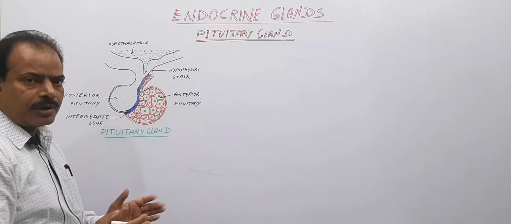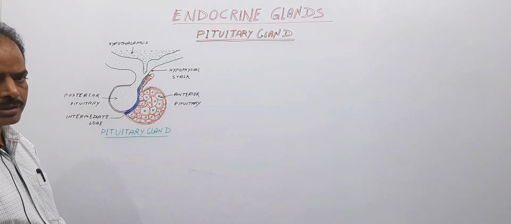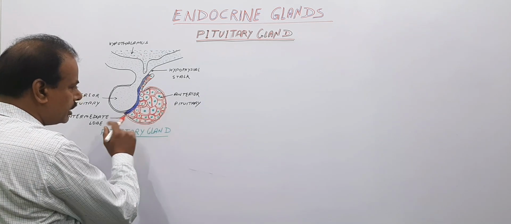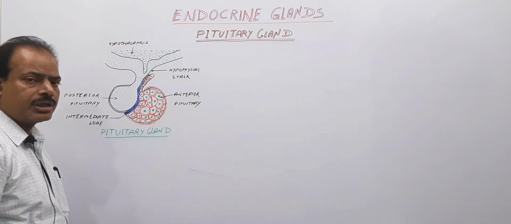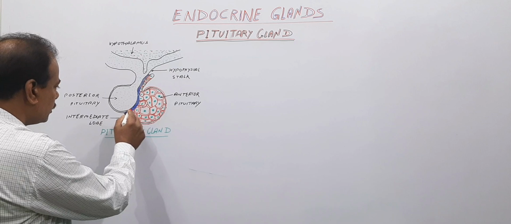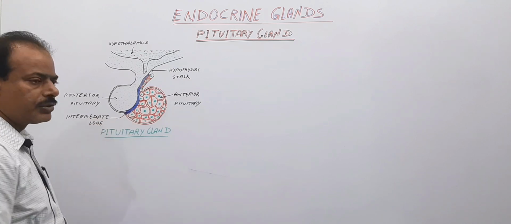The pituitary gland can be divided into three parts. Number one, the anterior pituitary, which is larger in size and secretes a number of hormones. This one is the intermediate lobe of the pituitary gland.